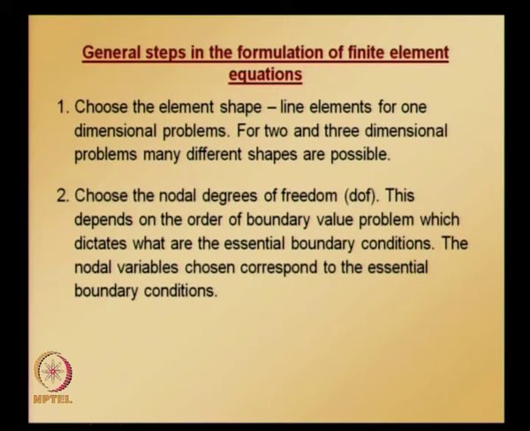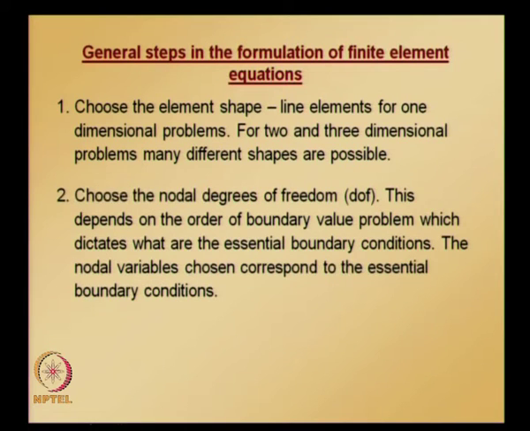The nodal variables chosen correspond to the essential boundary conditions. For a fourth order differential equation, which corresponds to the beam bending problem, the 0th order and first order terms are essential boundary conditions, whereas the third and fourth order terms are natural boundary conditions. So we need at least first order continuity in the solution, and we need derivatives also for imposing the essential boundary conditions.